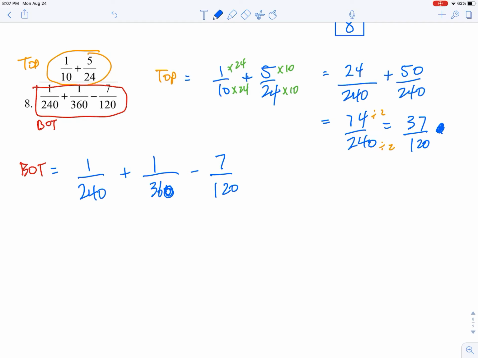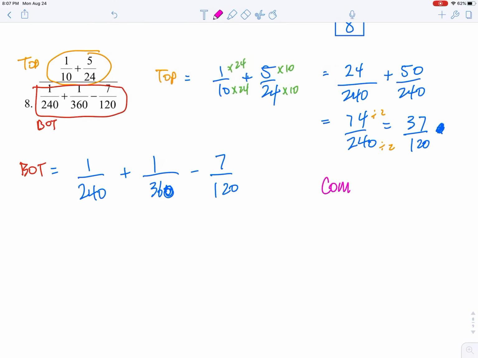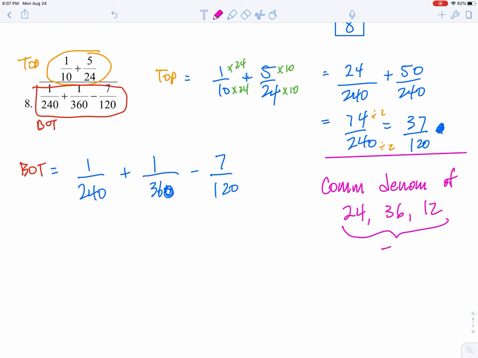But I'm going to think about it as if I wanted to find the common denominator of 24, 36, and 12. The smallest number that they can all divide into. And I find that way easier. And when I look at those, I can see that it would be 72.